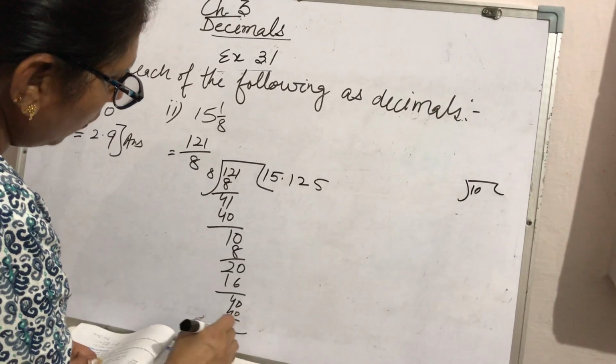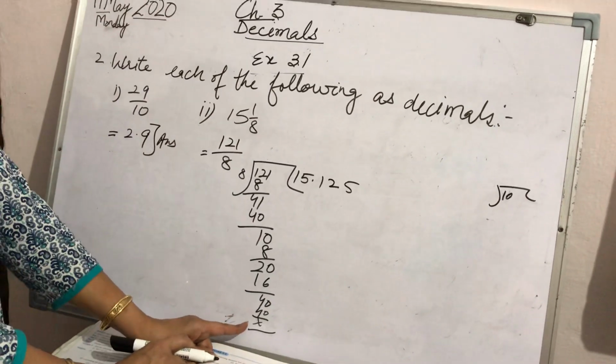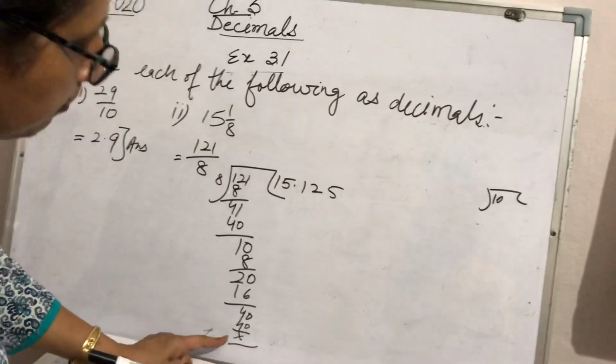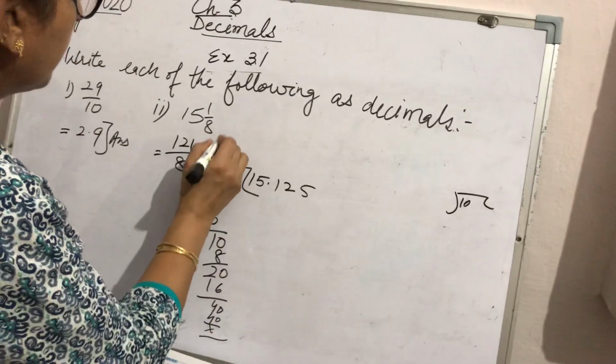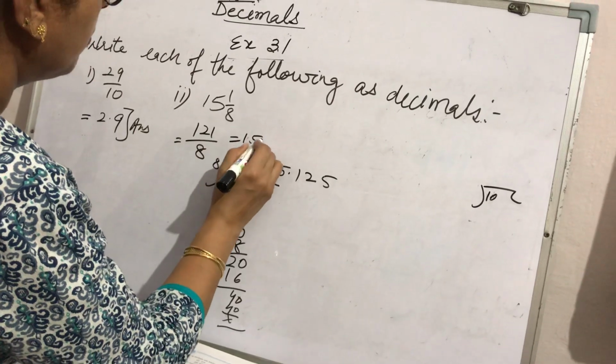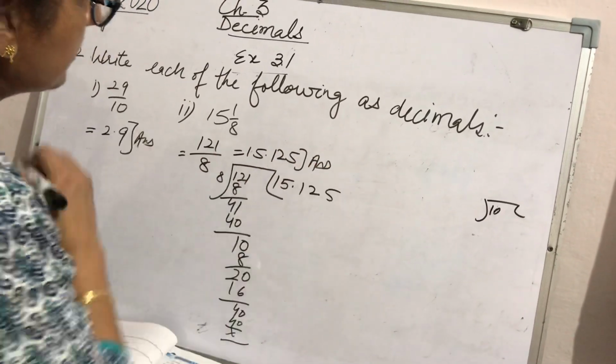We can continue until the remainder is 0. We need remainder 0. So with remainder 0, we have the answer 15.125. One method is this.